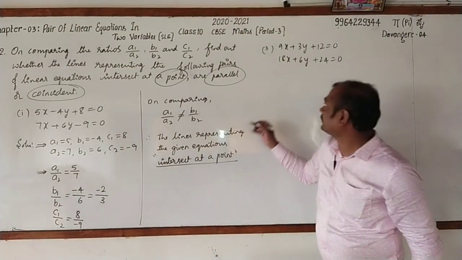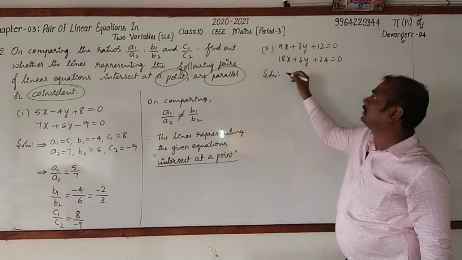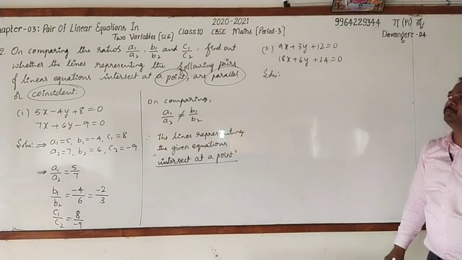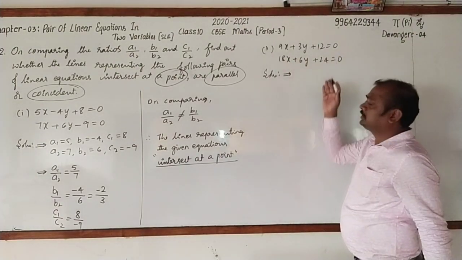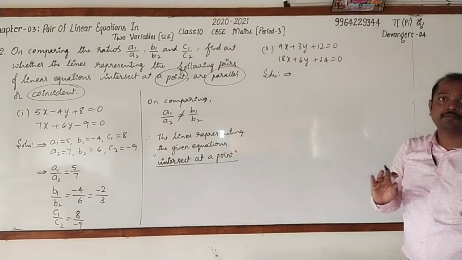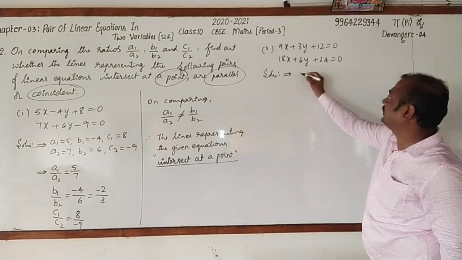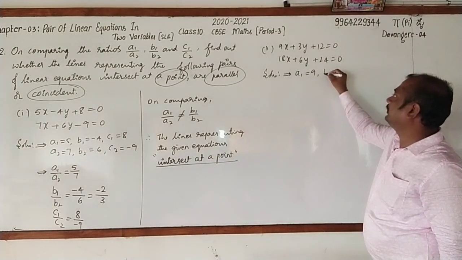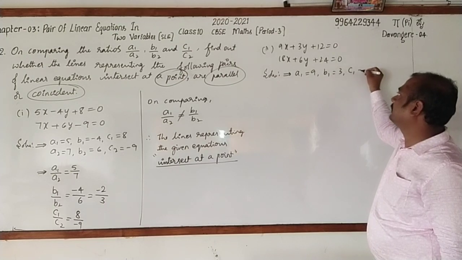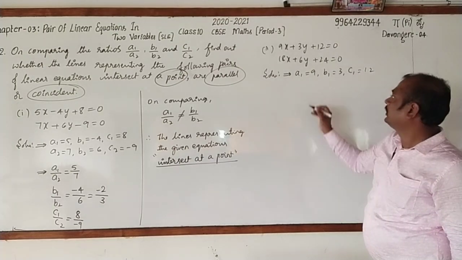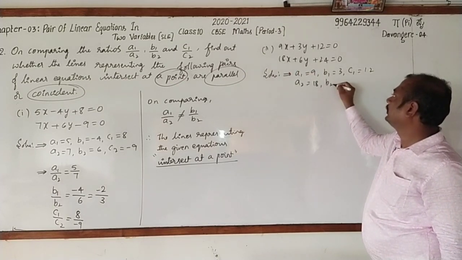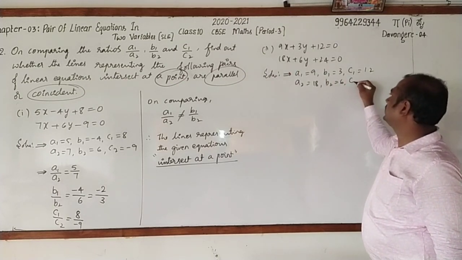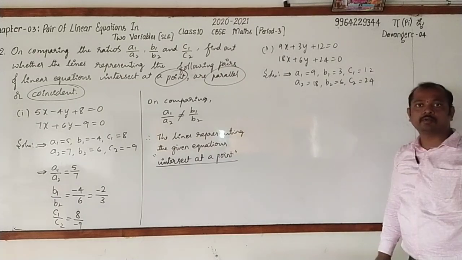Here again you are going to compare A1 by A2, B1 by B2, C1 by C2. The given equations are in standard form. Let's write A1 is 9, B1 is 3, C1 is 12. A2, how much? 18. B2 is 6. And C2 is 24.